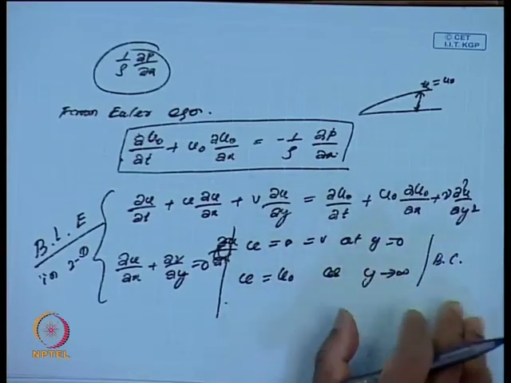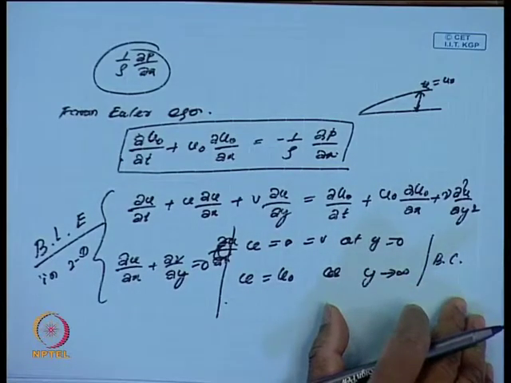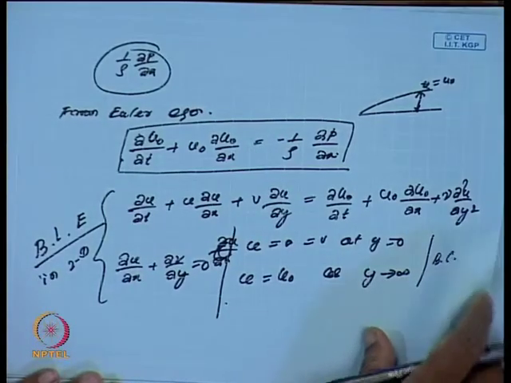Now, I will analyze a few things based on this boundary layer equation. I will go back and make certain observations from this equation. Just look at the unidirectional flow.